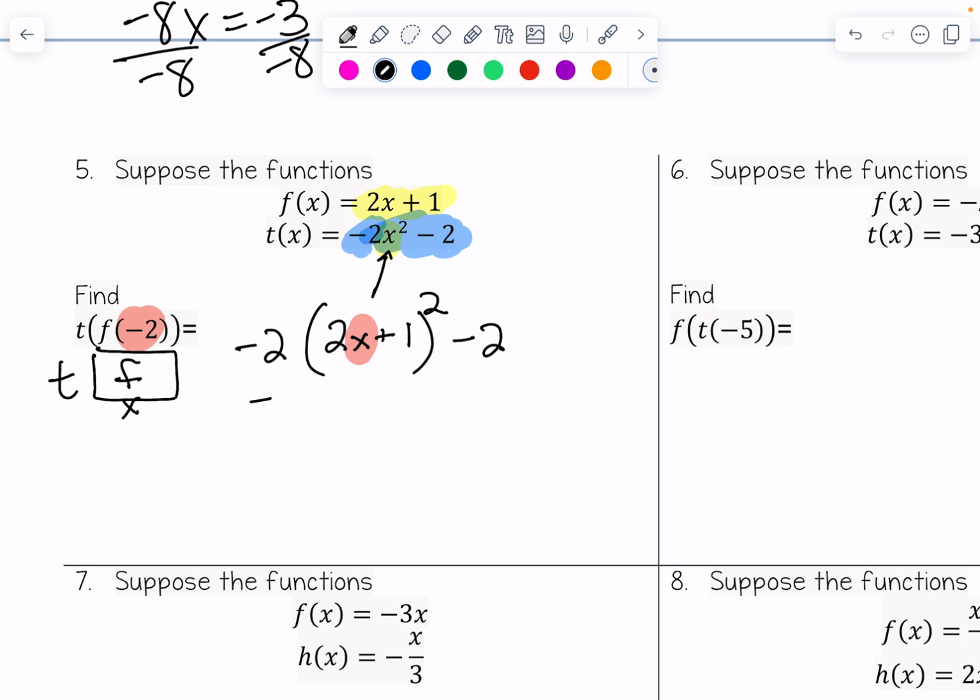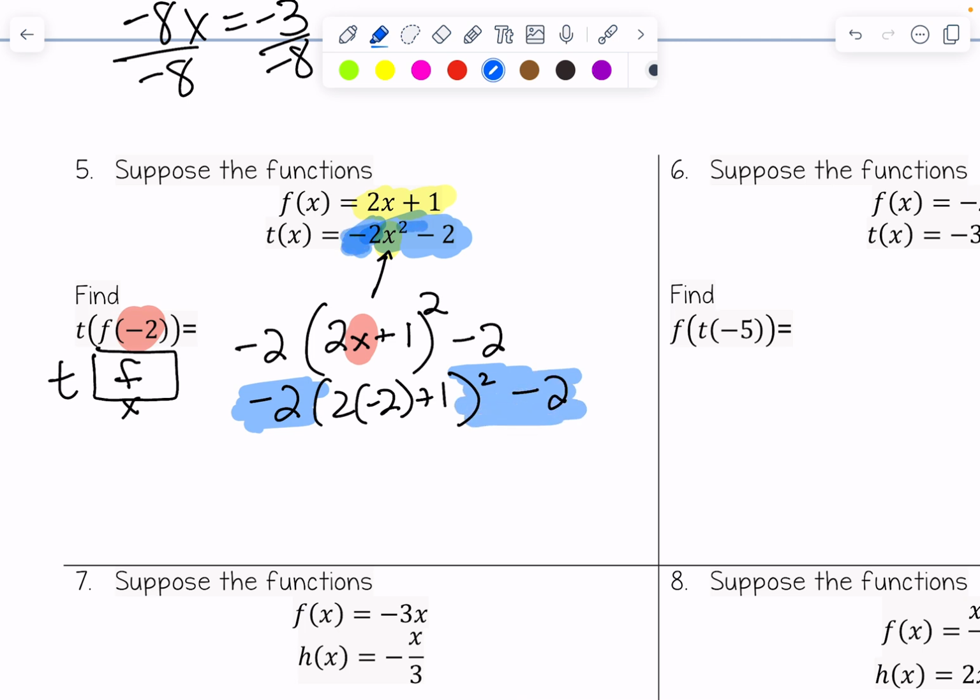So here we go. Negative 2 times negative 2 squared, plus 1 squared minus 2. Here is the t of x, and then we have our f of x inside. And what's replaced here is just that negative 2. So let's solve this and find the answer.